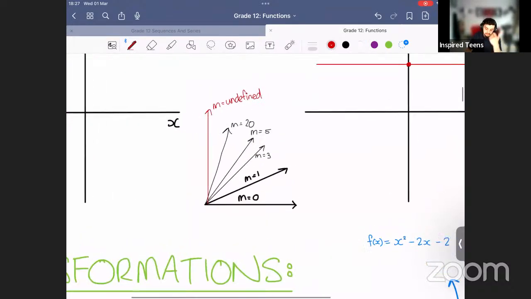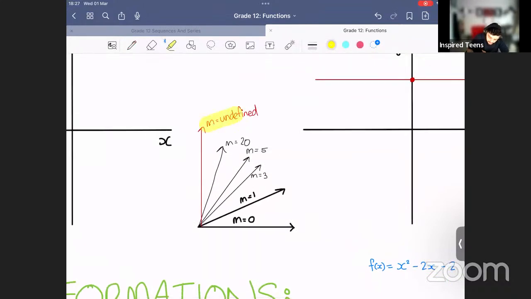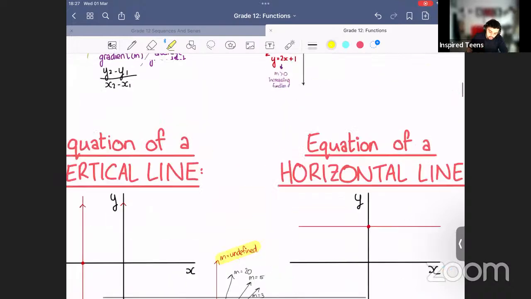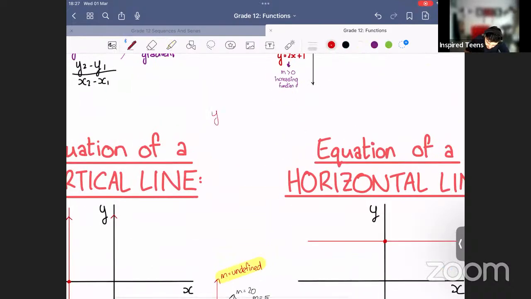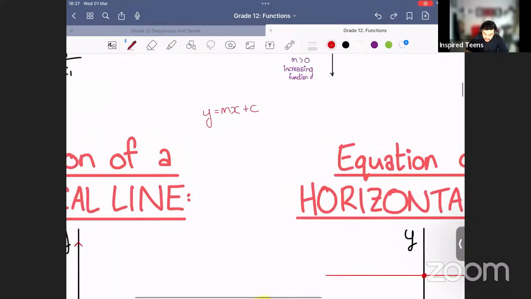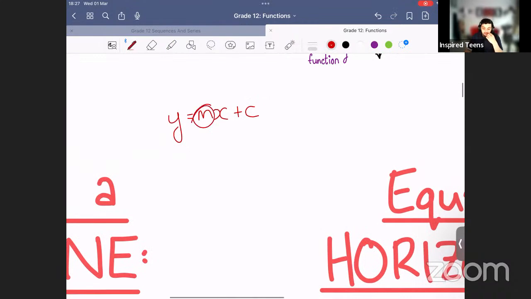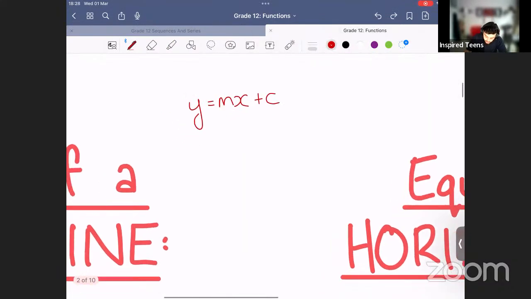Those are two important things to remember: the gradient of a vertical line and the gradient of a horizontal line. When you talk about the equation y = mx + c, the gradient is right there as m. Can you substitute undefined?